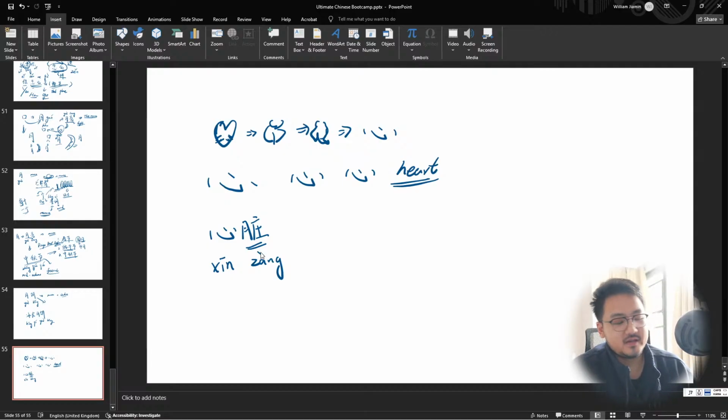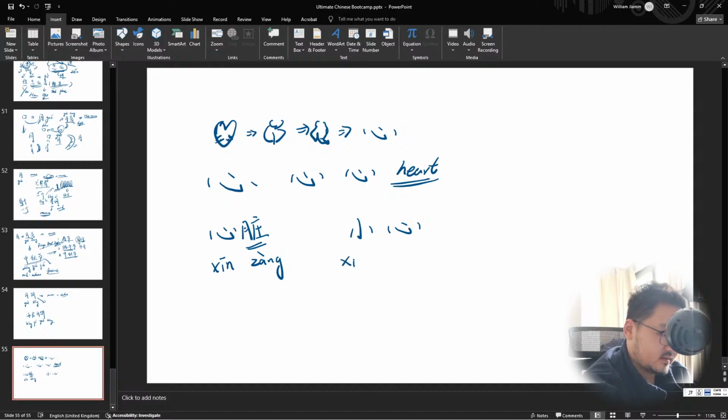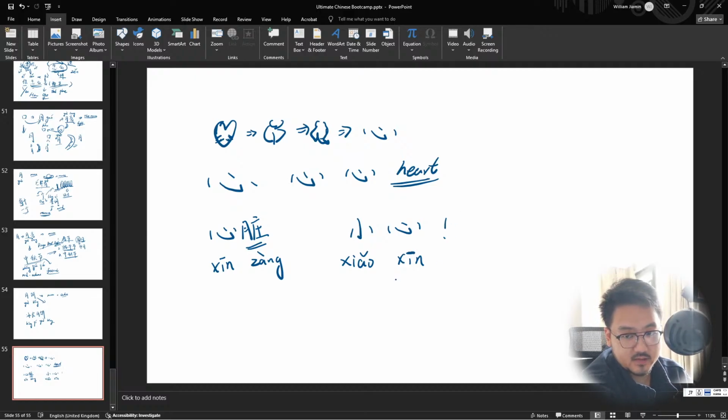One of the easiest and most widely used expressions is 小心, 当心. 小 means small, 心, 小心. 小心 means be careful.